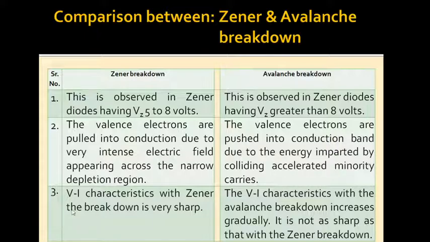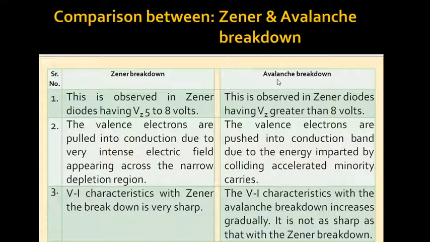So if I draw the IV characteristic of a Zener diode in the reverse bias region, you will find the breakdown, the sharp increment of reverse bias current, very sharp.